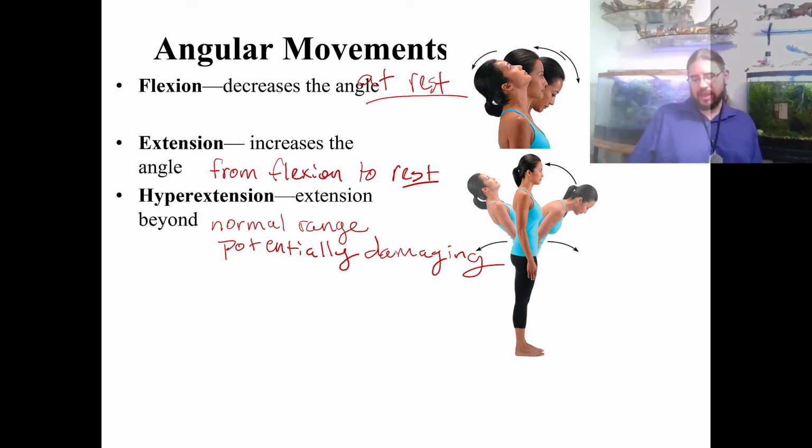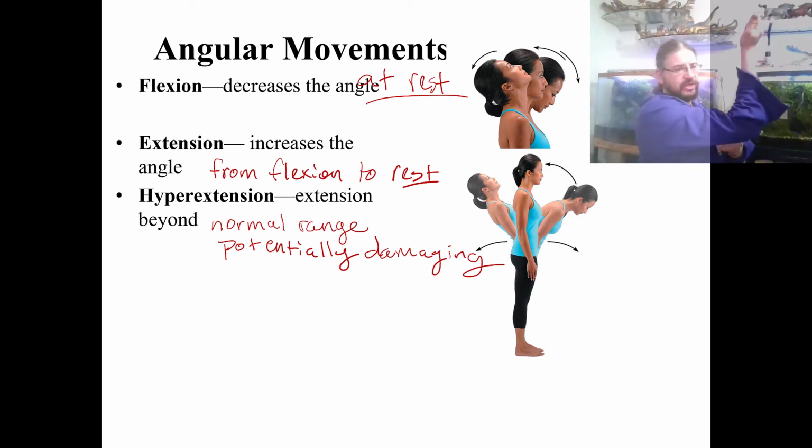So there you go. You can flex at the waist and then extend and then hyperextend. You can do flexion at the upper arm and lower arm, the humero-ulnar joint, right? Flexion.